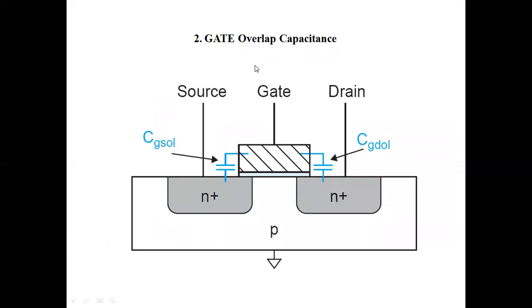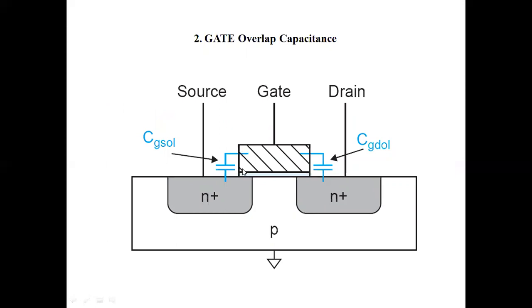Now next, the second gate capacitance shown here is called the gate overlap capacitance. You know that the gate is present here, and that gate is overlapping some part of the source region and some part of the drain region. So this overlapping gives you the presence of a capacitance here.